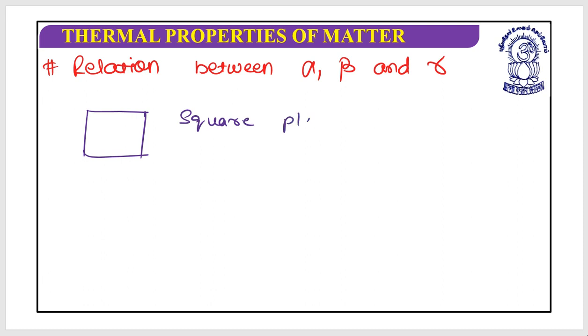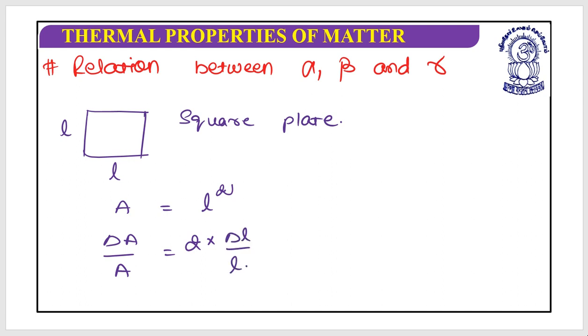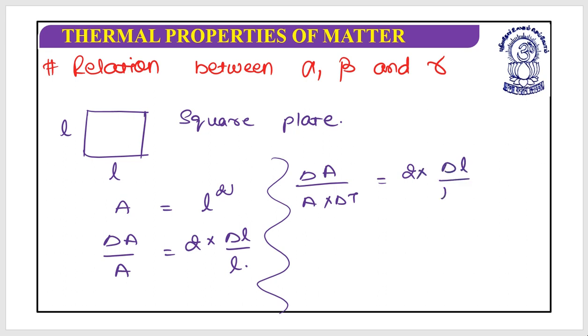So let's suppose this is a square plate, with sides L by L, and its area would be L square. From this I can write delta A by A equals 2 into delta L by L. And when I write this, it is delta A by A into delta T equals 2 into delta L by L into delta T. What I have done here is I have divided both sides by the change in temperature.